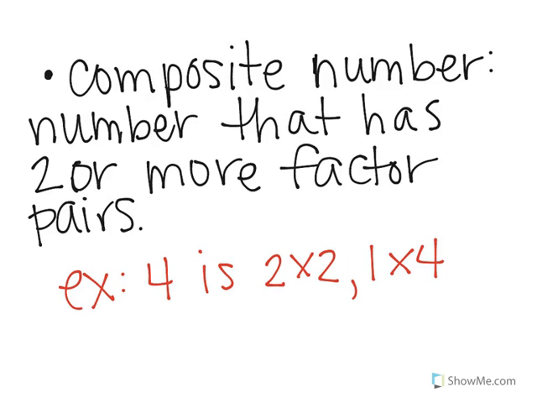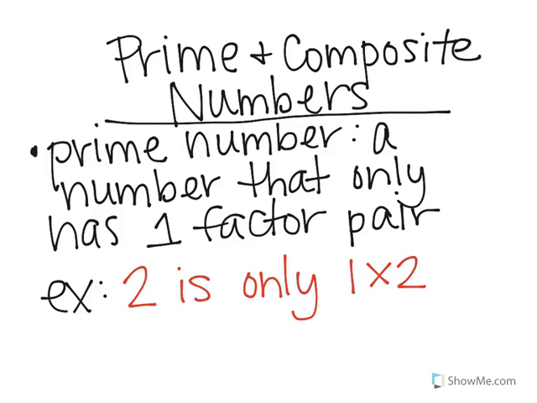Then if you look at a composite number, this is a number that has 2 or more factor pairs. So if you look at 4, it is 2 times 2 and 1 times 4. So since it has 2 factor pairs, it's composite. It is not prime. Prime numbers only have 1 factor pair, and it's only 1 times and then their number, because nothing else will equal it.